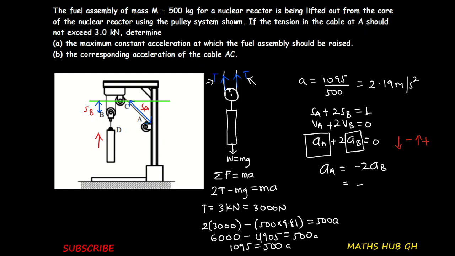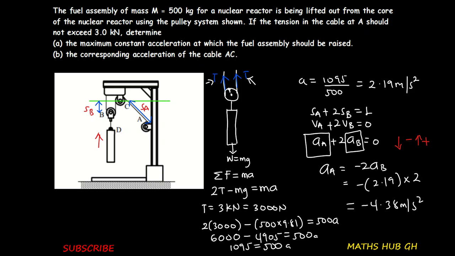So I'm going to have minus 2.19 meters per second squared multiplying 2. So let's simplify this. I'm going to have 2.19 times 2. This will give us a value of minus 4.38 meters per second squared.